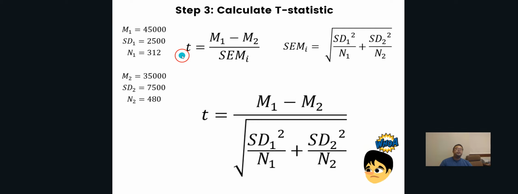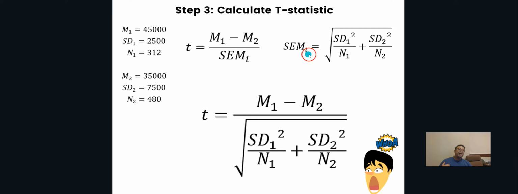So the calculation is again t equals M1, which is the mean of group number 1, minus mean of group number 2, divided by the sampling error, SEMI, as I mean independent sample t-test.